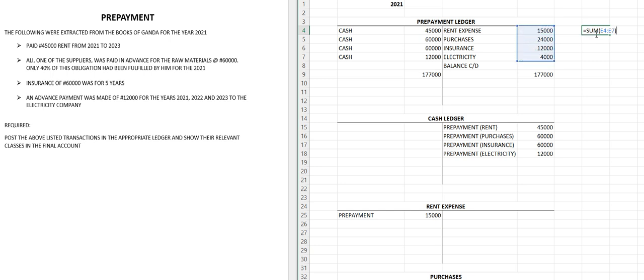Close the bracket. It gives you 55,000. Take 55 away from 177, it will give you 122. Is that correct? So we are having 122 here, 122,000. It should balance.